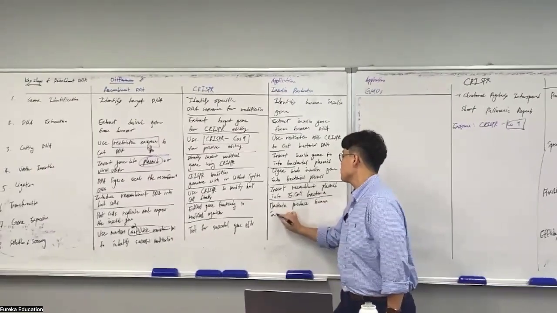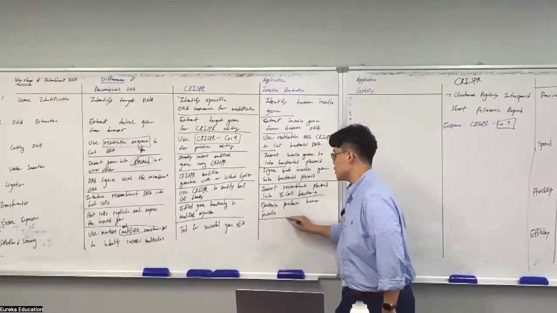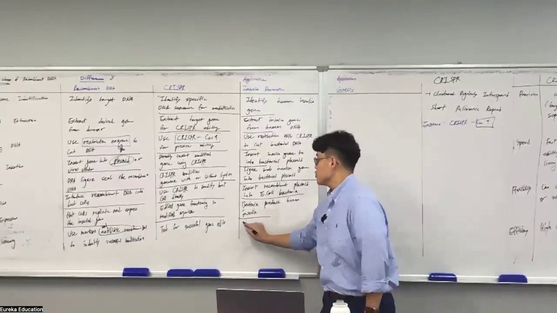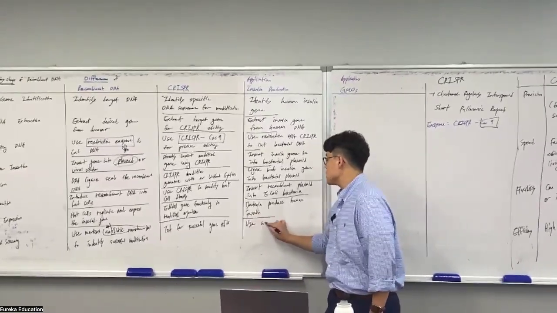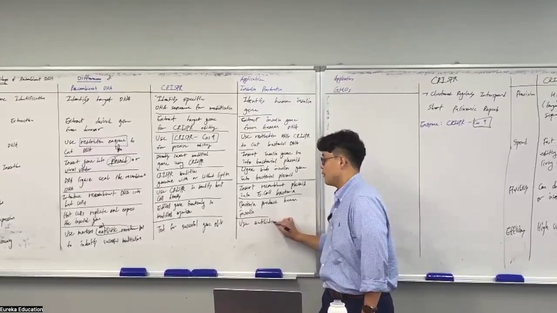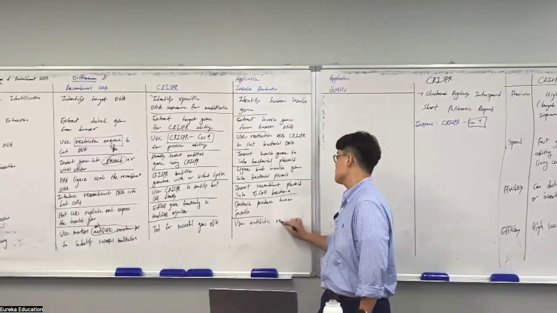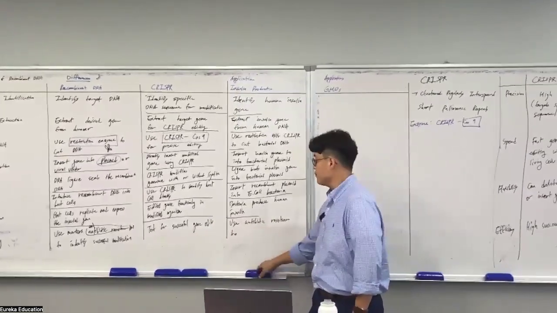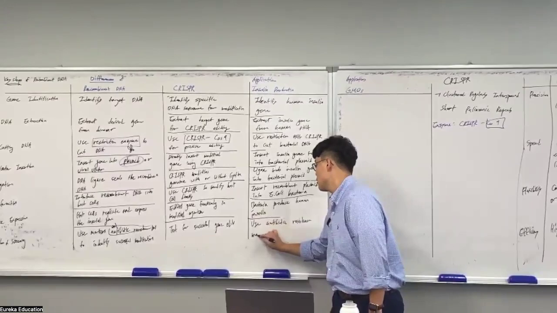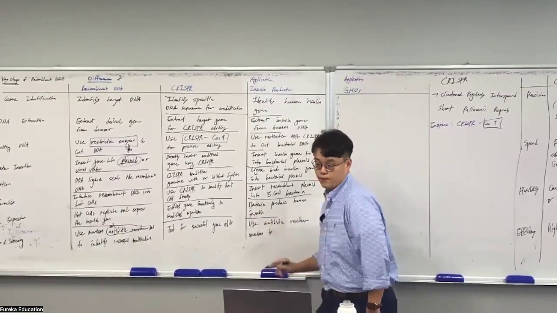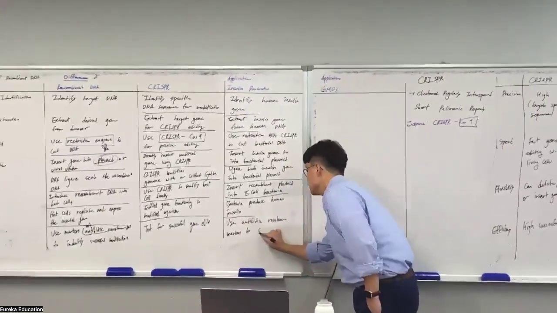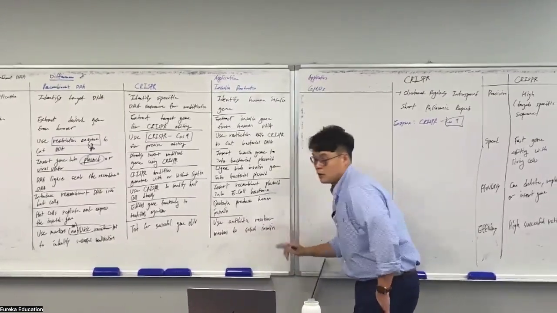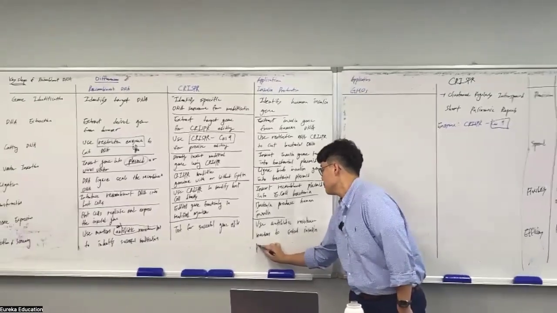But after it produces a good amount of insulin, we use antibiotic resistance markers to select the insulin-producing bacteria.